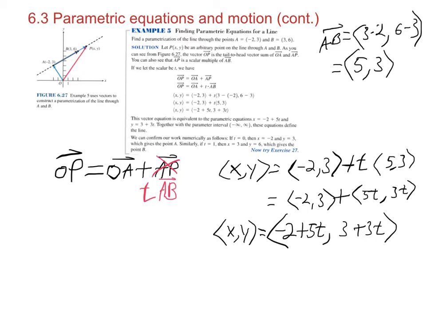The x value in our parametric equation is going to equal negative 2 plus 5t.